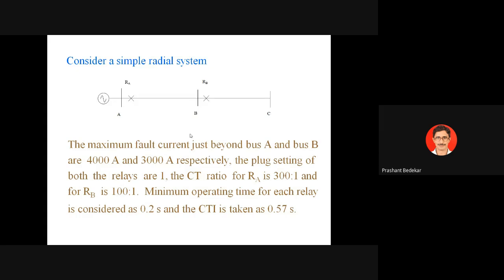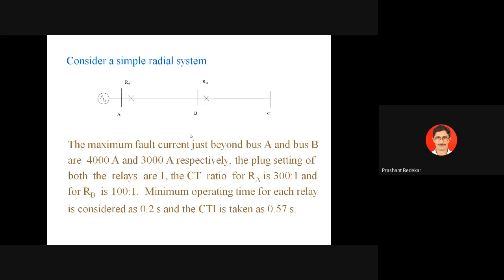Now let's take a simple problem, because a big problem cannot be explained here. I am taking a simple problem which will give you a concept, and the same concept can be applied to big problems also. You can refer to different papers, literature, and books, wherein you will find big problems available.